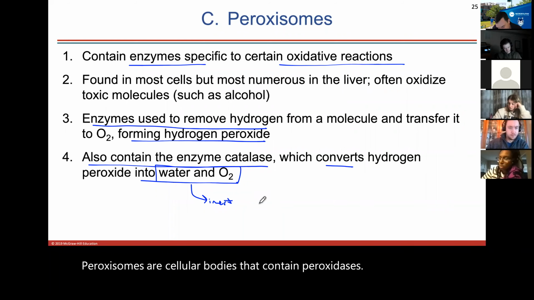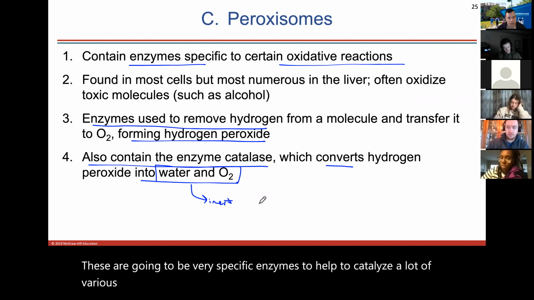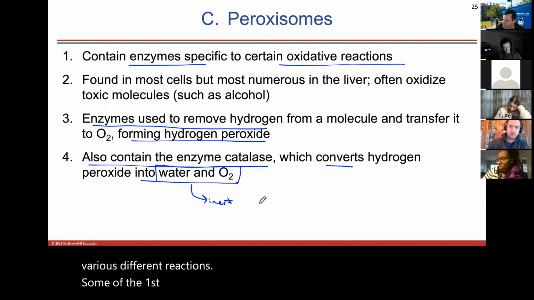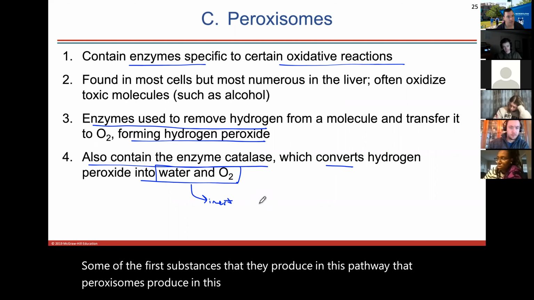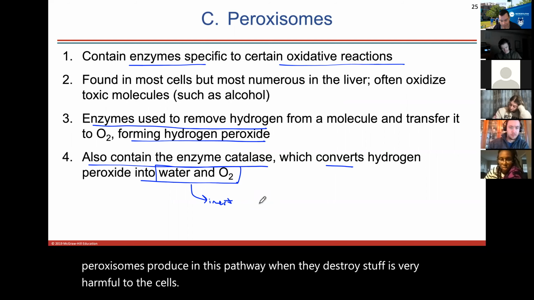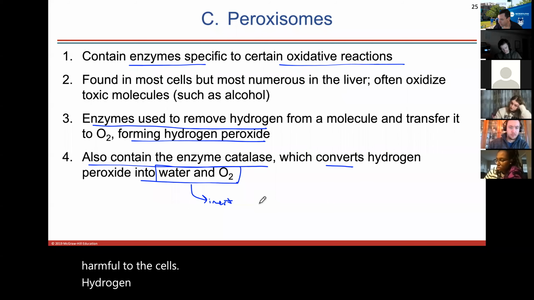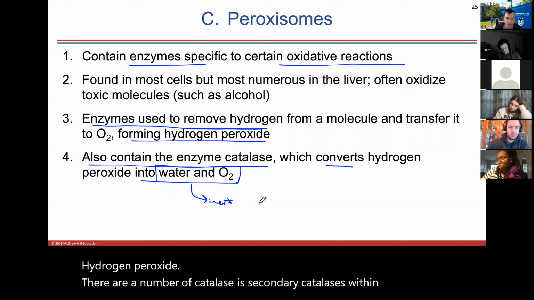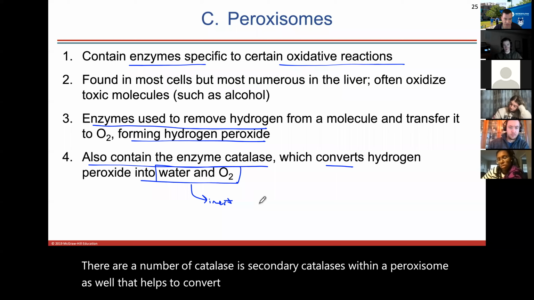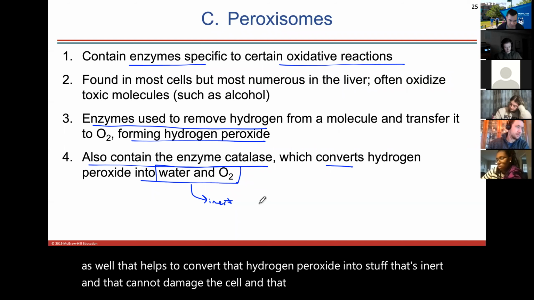These are going to be very specific enzymes that help to catalyze a lot of various different reactions. Some of the first substances that peroxisomes produce in this pathway when they destroy stuff is very harmful to the cells. Hydrogen peroxide. There are a number of catalases, secondary catalases within a peroxisome as well that helps to convert that hydrogen peroxide into stuff that's inert and that cannot damage the cell, and that is water and oxygen.